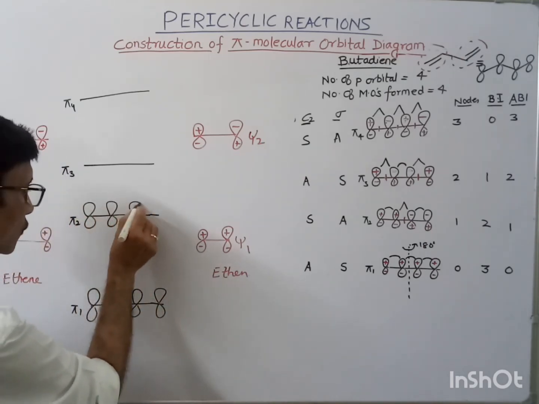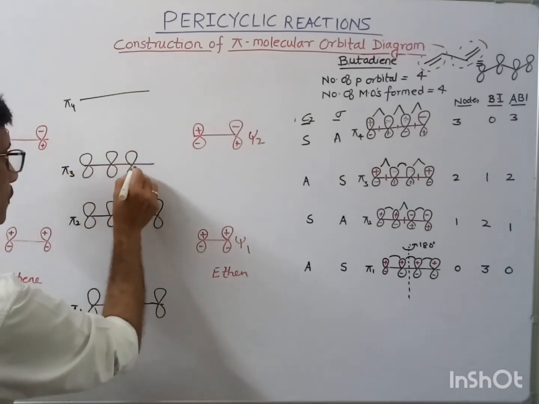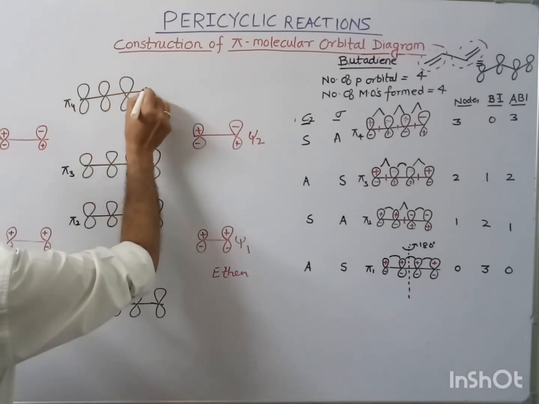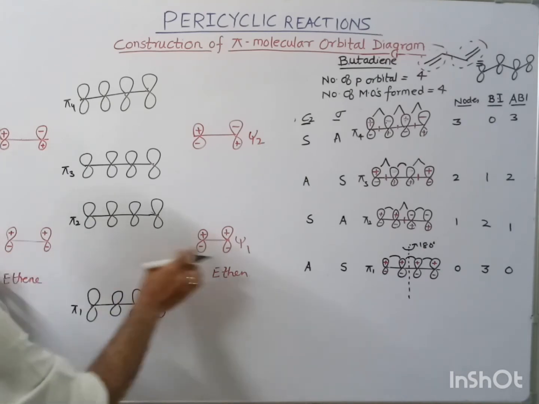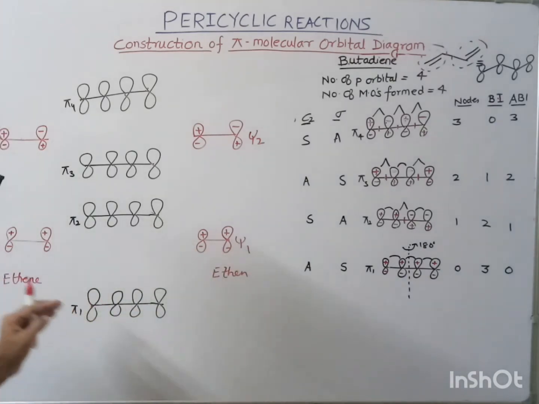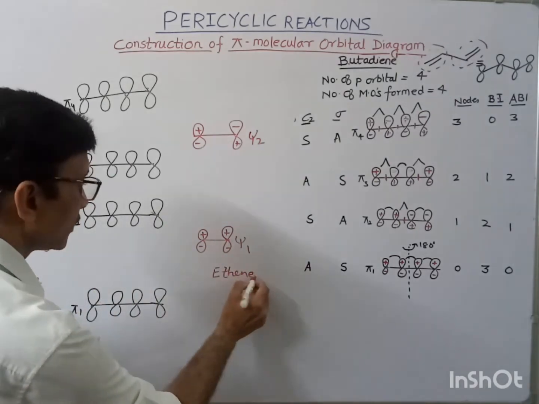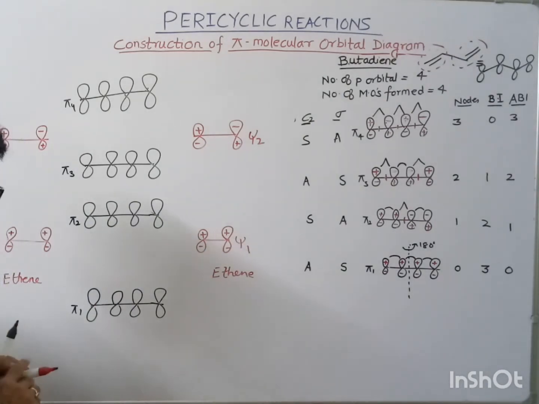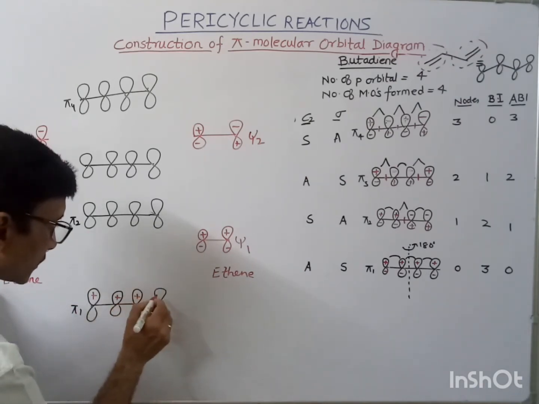Now for psi1, I should give the sign. Psi1 can combine in two ways: one is the constructive way, another is the destructive way. Suppose in a constructive way, plus, plus, plus, plus.